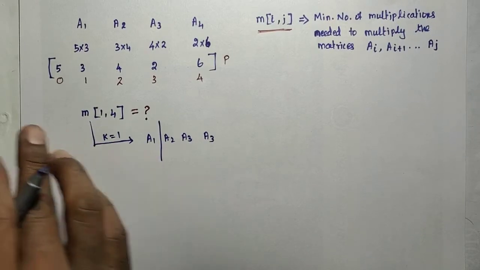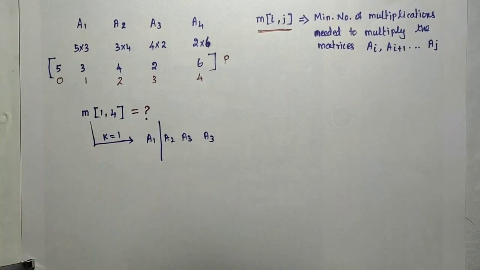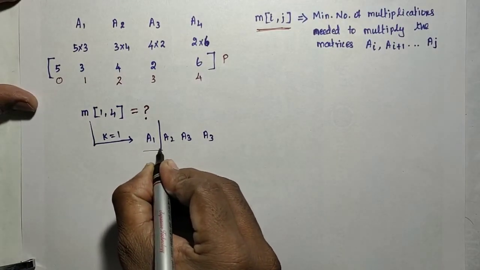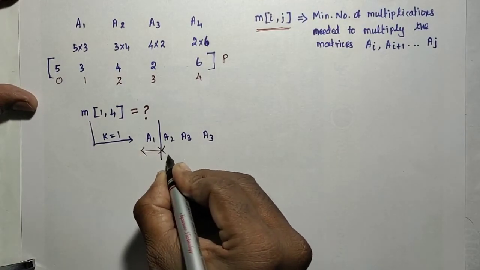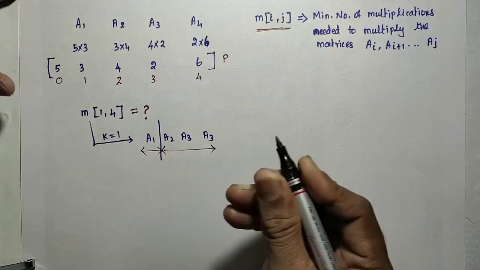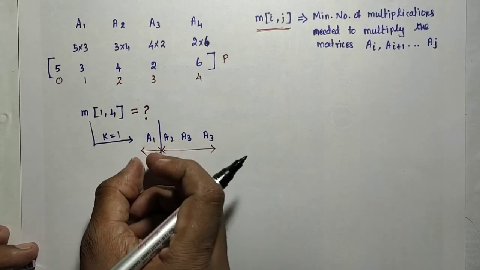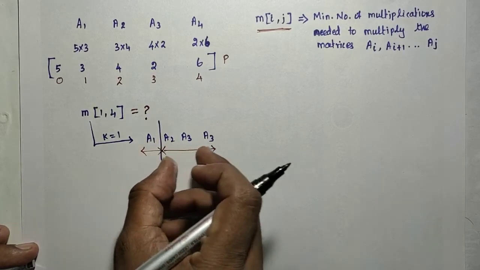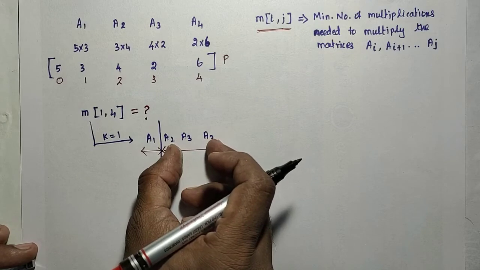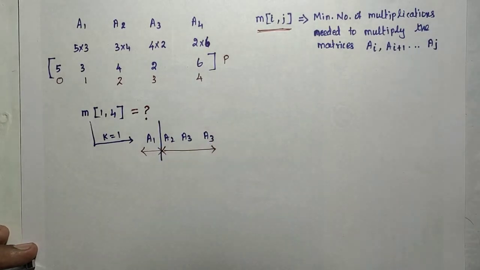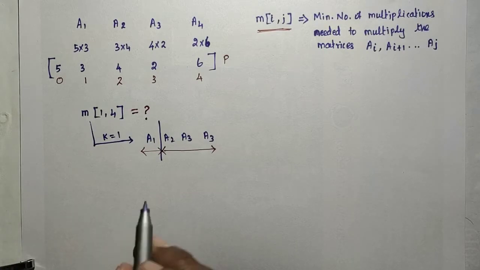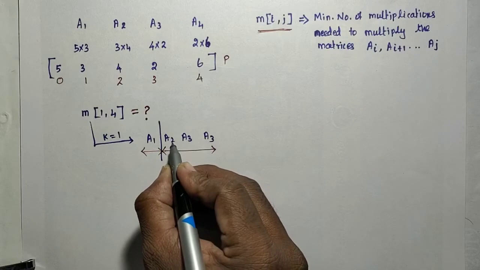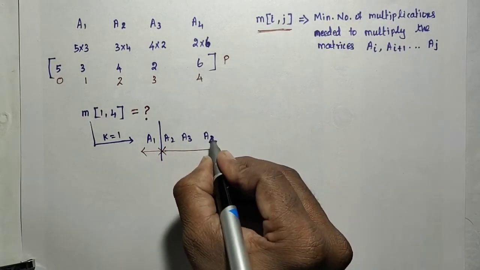So it means that on the left side we will obtain one series, and on the right side we will obtain another series. Correct. So what is the number of multiplications needed for the left side matrices? What are the minimum multiplications needed for multiplying the right side matrices? Like that you have to find. In the right side, I want to multiply A2, A3 and A4.